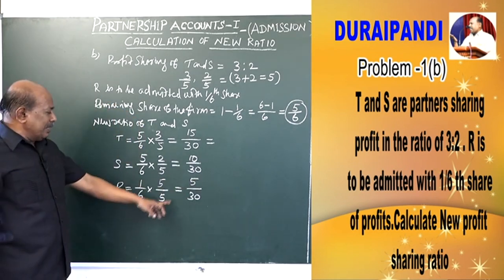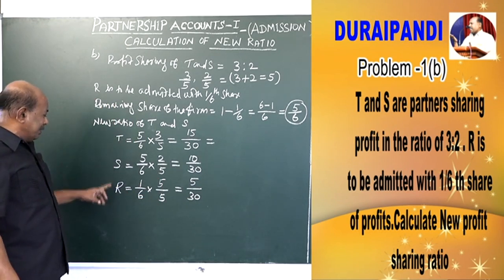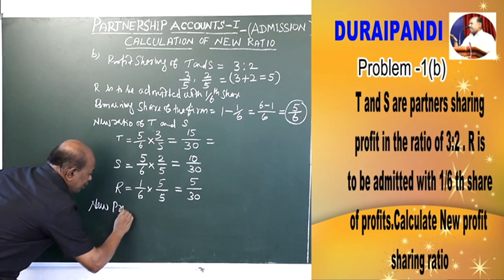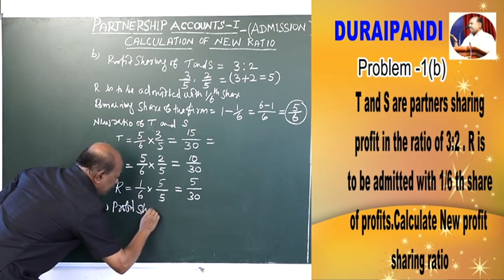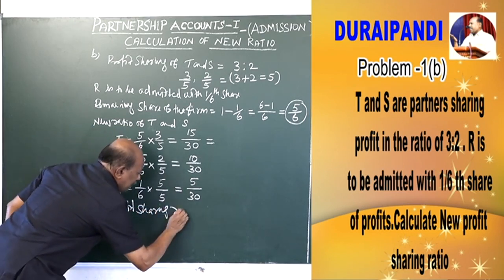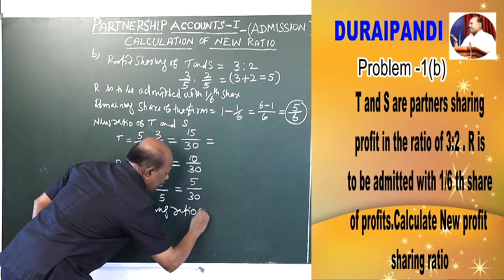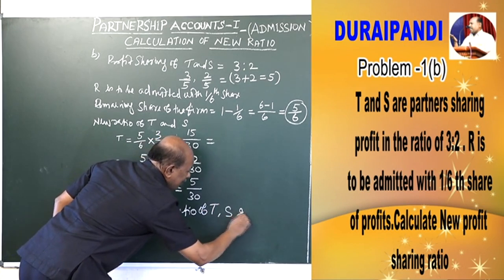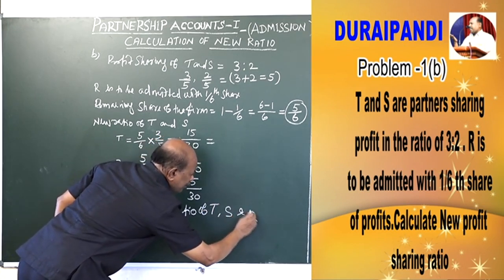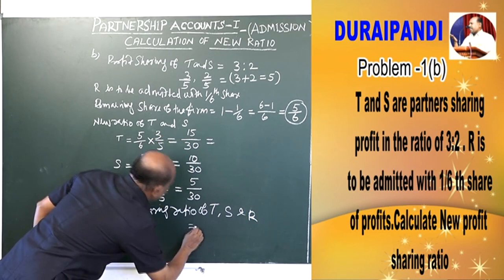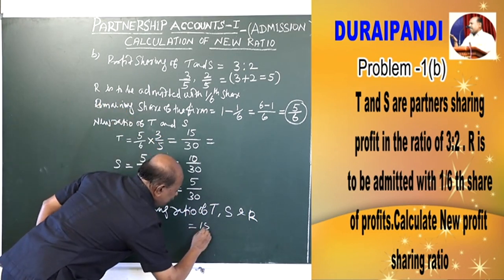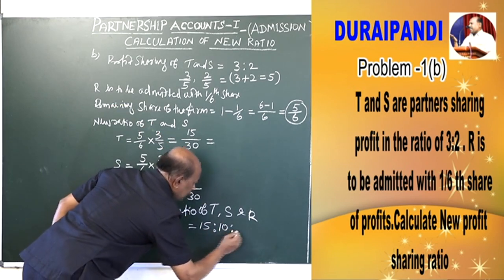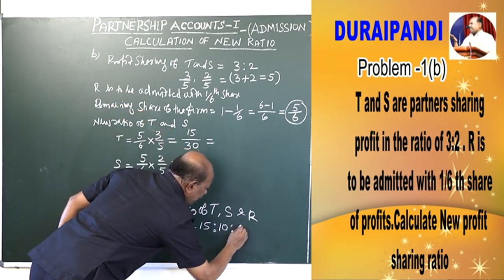The new profit sharing ratio between T, S and R: new profit sharing ratio of T, S and R is equal to 15 is to 10 is to 5.